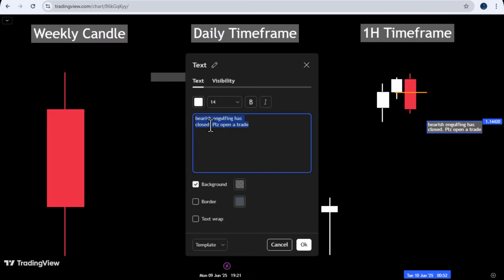So bearish engulfing has closed below the open. Let me add this. Has closed below. See, it has closed below the open of a bullish candle, of the last bullish candle.